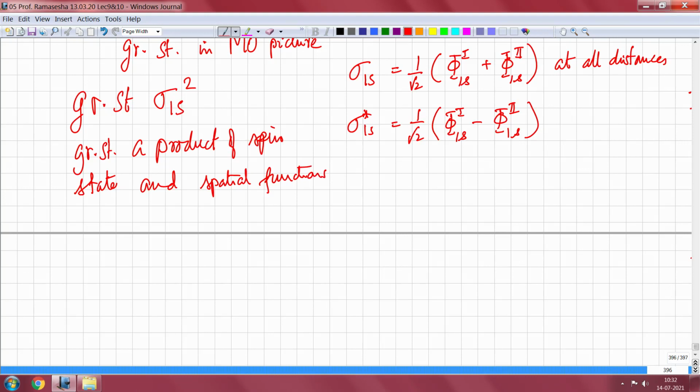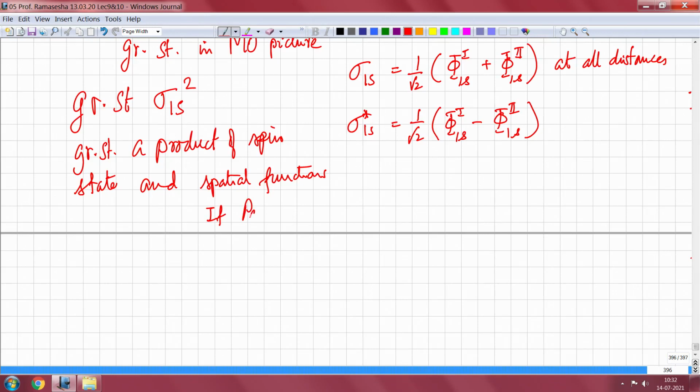It has to obey the Pauli exclusion principle, which is a Fermi statistics.